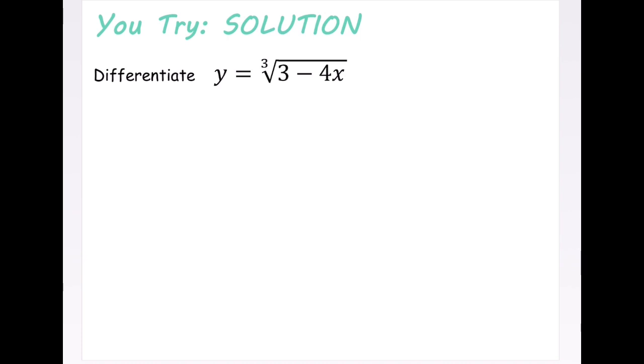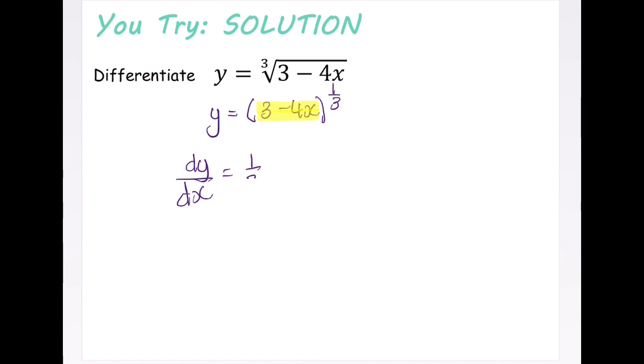Okay, here's your solution. So firstly, we want to rewrite that. y equals 3 minus 4x to the power a third. Remember, we want it to be in index form to help us differentiate. So dy by dx. Again, I'm going to ignore the bracket for now, differentiate it like it was not anything in there.